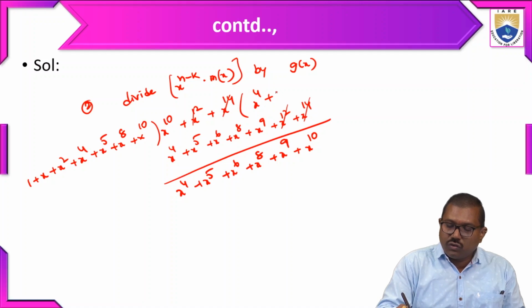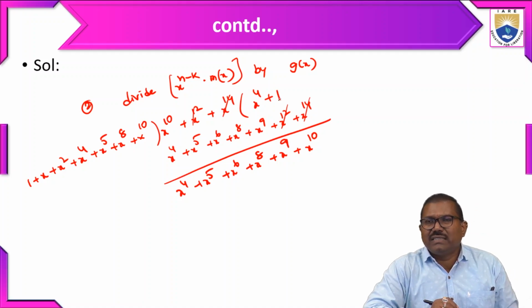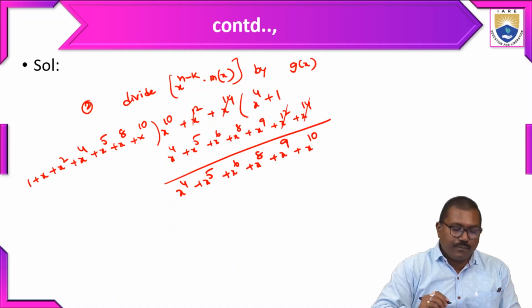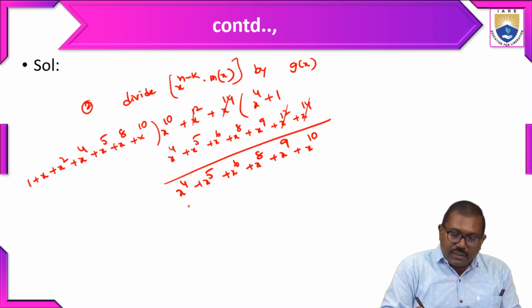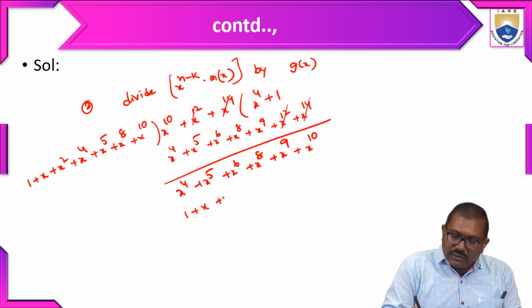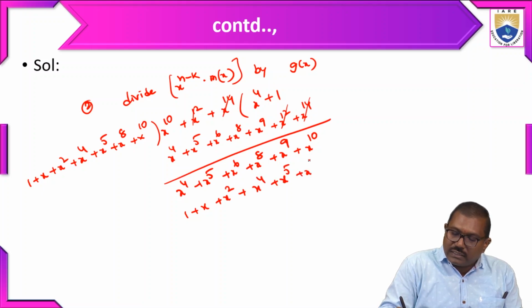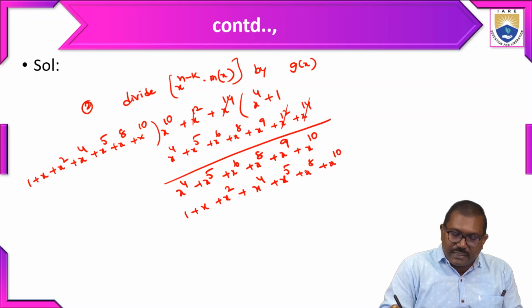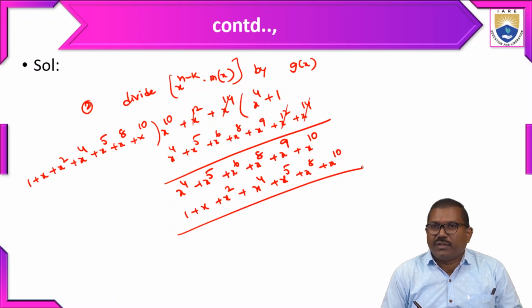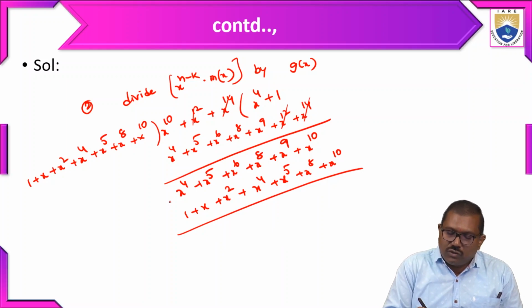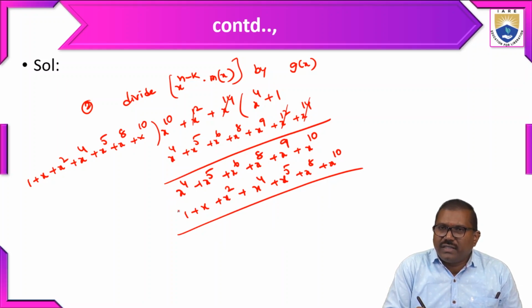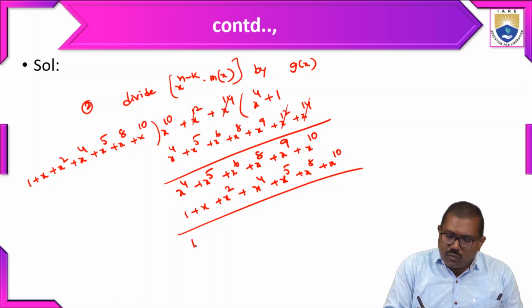So you have to multiply for a single term. It's enough. Okay. So again 1 plus x square plus x power 4 plus x power 5 plus x power 8 plus x power 10. Again XOR operation. In the upper line 1 is not there, so 0, 1 you got 1.